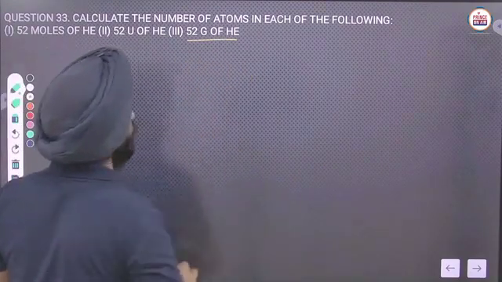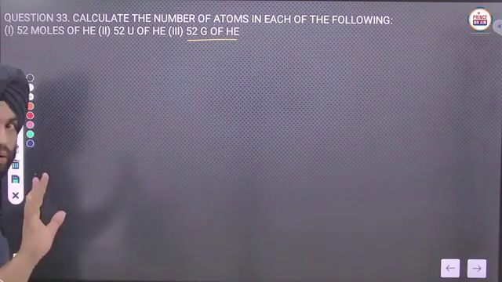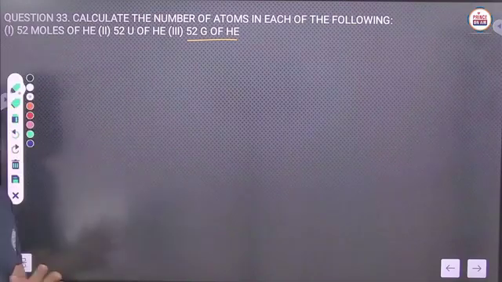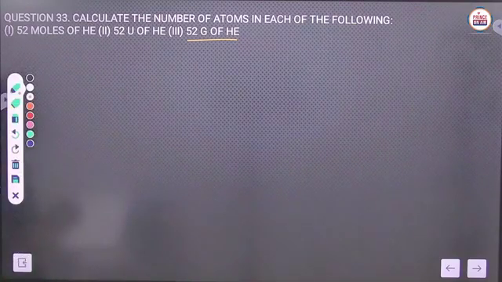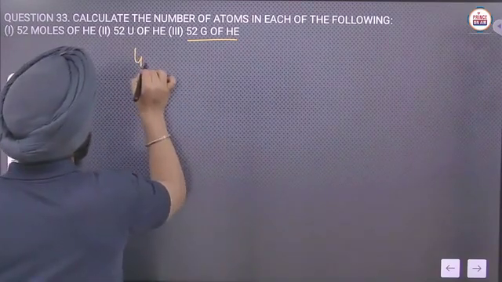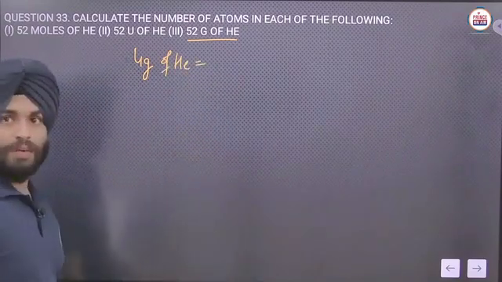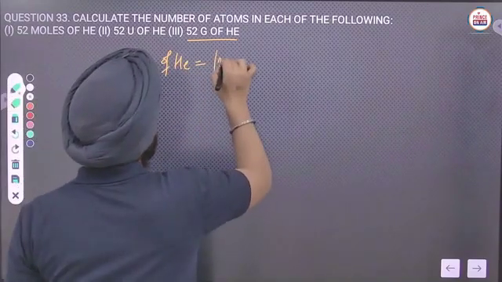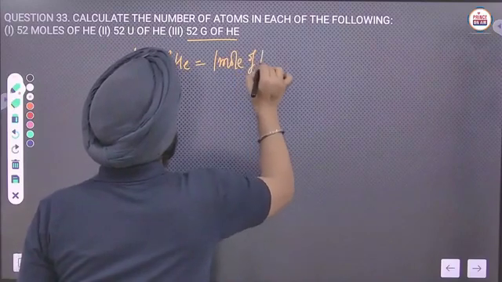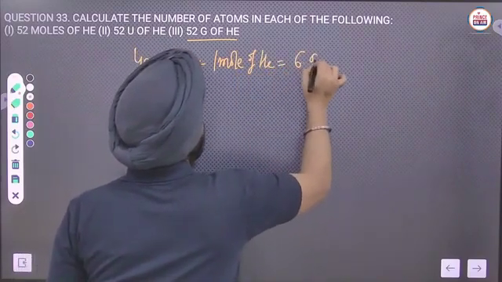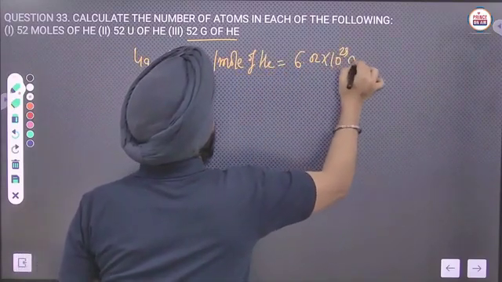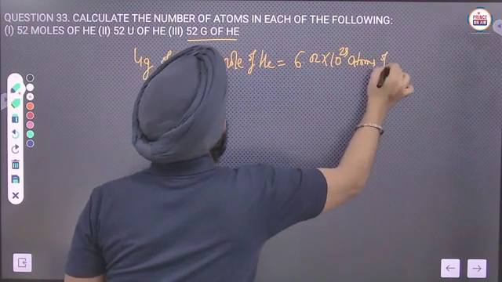Next one is 52 gram of helium. All of you know that firstly we have to calculate the mass of the helium in terms of gram. So try to do that question. If you have 4 gram of helium, the gram molar mass, it will contain 1 mole of helium, meaning 6.02 into 10 raised power 23 atoms of helium.